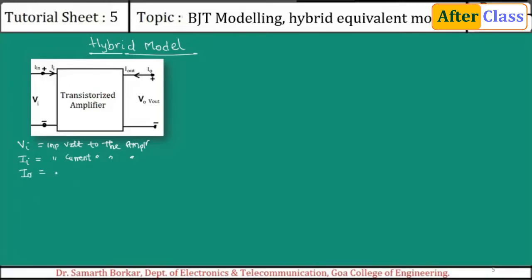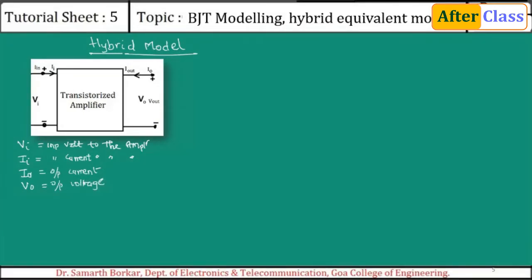Io is the output current of the amplifier here. The output current in this loop is Io, and Vo is the output voltage across the load resistor. Normally we connect a load. So these are just the 4 things.